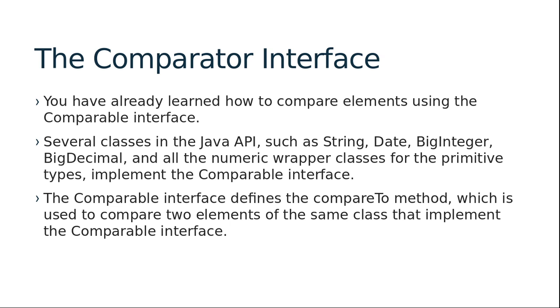So the Comparable interface will not be used directly. A Comparable interface is by default implemented by many of the inbuilt classes like String, Date, BigInteger, BigDecimal, and all the numerical wrapper classes, so all those have a Comparable interface. So that's why you were able to compare those two values directly.